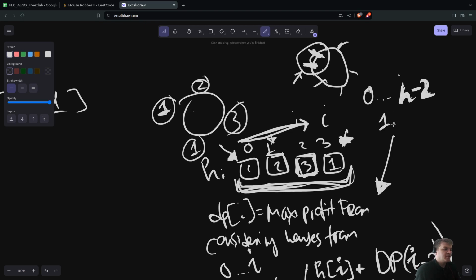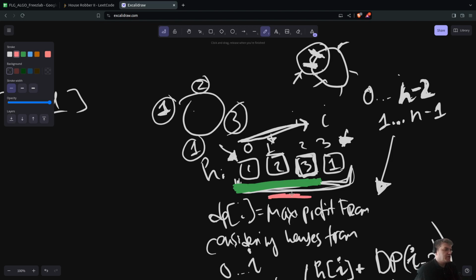In the second iteration, I'll consider houses from 1 to n minus 1. The first range includes these houses, 1, 2, 3, and all of them are candidates for robbing, but I explicitly skipped the last house, so I also need to consider it, but in a different combination.